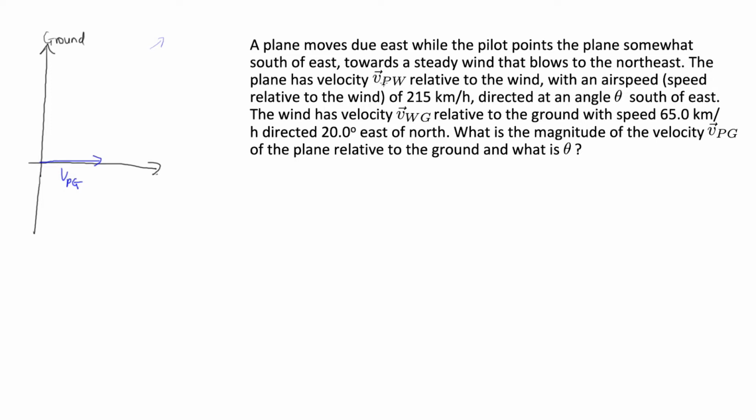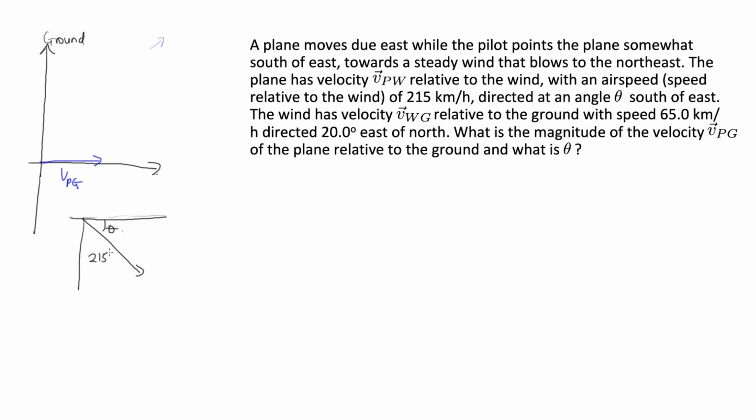The plane has a velocity VPW relative to the wind, with an airspeed relative to the wind of 215 kilometers per hour, directed at an angle theta south of east. Let's sketch this here. Here's east, here's south, and so we're going down like this. This is an angle theta.